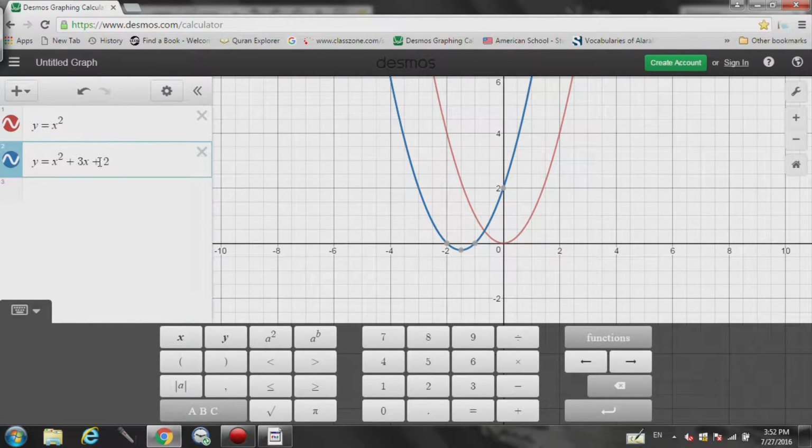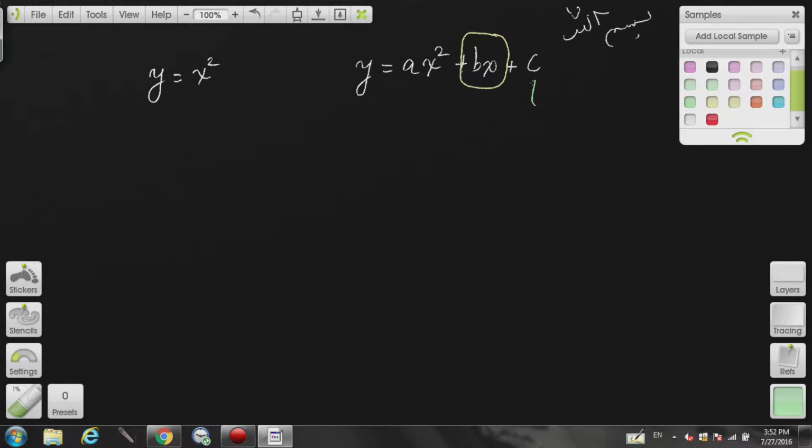So this term, if it was just y equals x squared plus 2, it will just be a vertical shift. If you start adding the middle term like this, you start causing vertical and horizontal shifts, moving this way and that way. So this will be causing vertical shifts, moving up and down like this. This term will add to the horizontal shift.